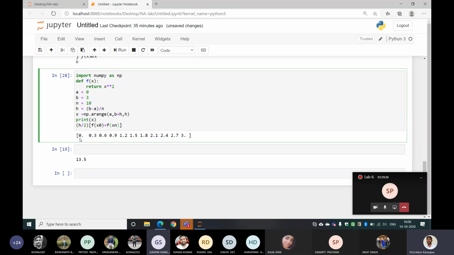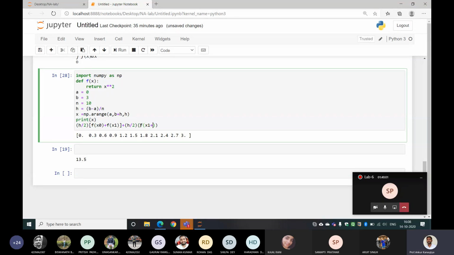In this interval only, tell me. This is x0, this is x1. In this interval, the trapezoidal rule will be f of x0 plus f of x1. Right or not? This is in this interval, 0 to 0.3. Is it clear? Yes, sir. Now in the second interval, I will add h by 2 again, f of x1 plus f of x2.